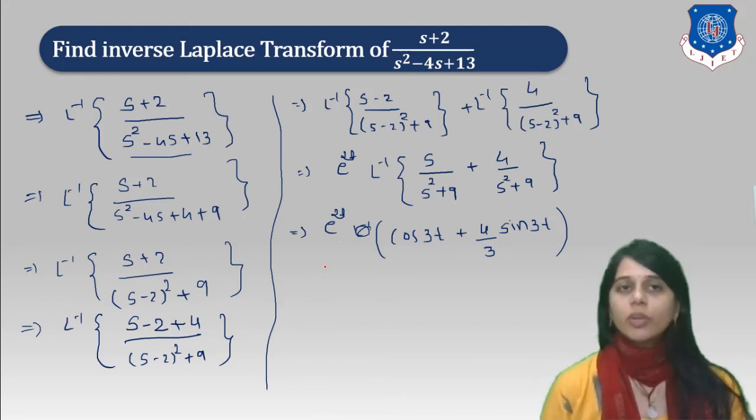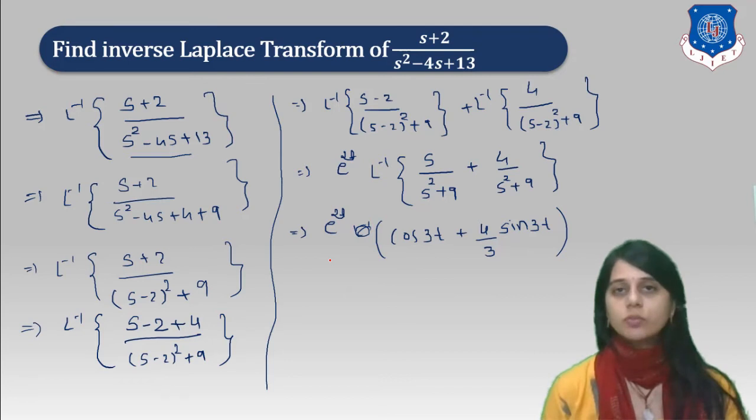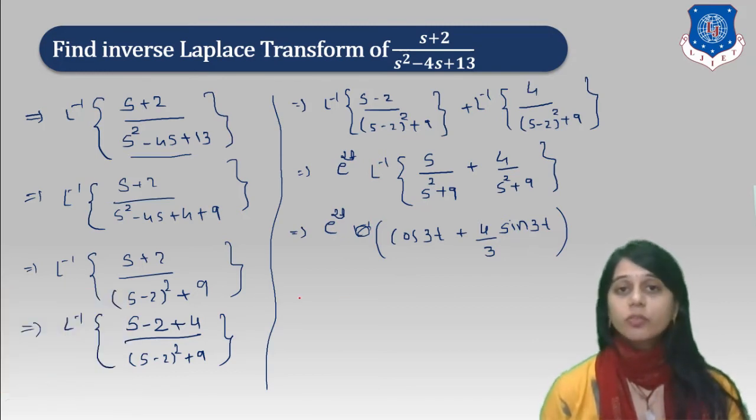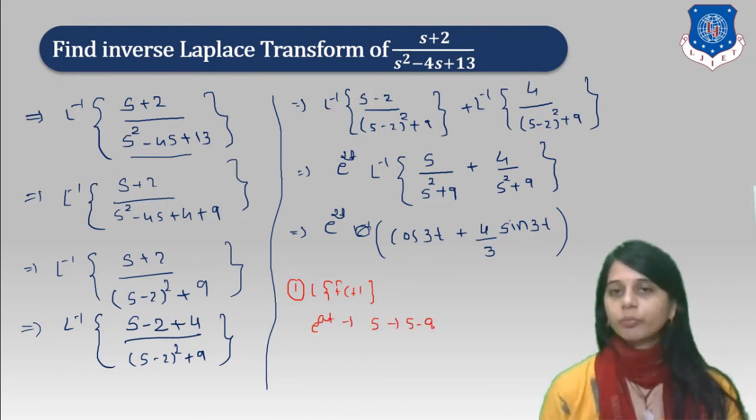Now we revise this example because we are using here inverse first shift theorem. What is the first shift theorem? First shift theorem steps, we first find Laplace of f of t, and due to e raised to at, we convert s to s minus a.